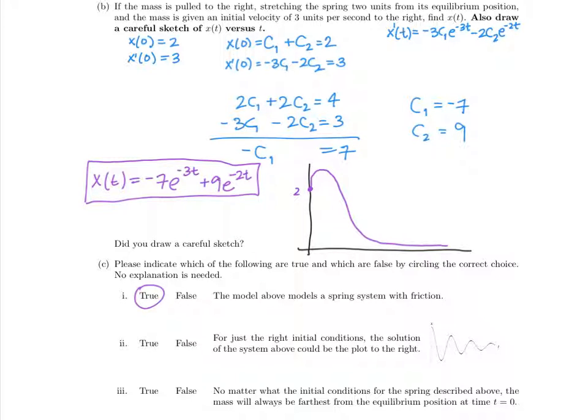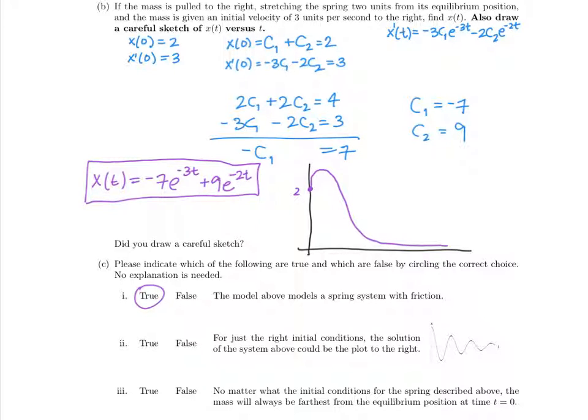And so with this particular differential equation, we're always going to have exponential decay. Changing the initial conditions may change, for instance, whether there's a positive slope or a negative slope or zero slope, or what the actual initial value is for the function, but it's always going to obey the fact that it's some constant times e to the negative 3t plus another constant times e to the negative 2t.